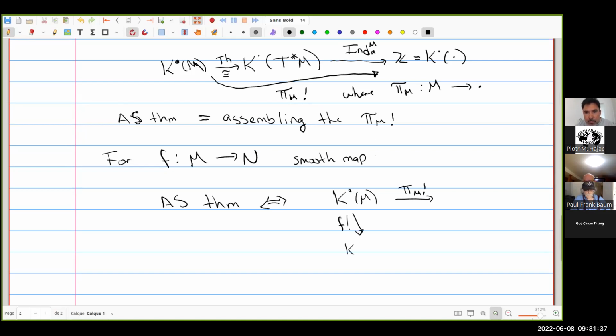So for a smooth map, I will put 'good enough', because the maps for which one can define this kind of strict maps, which I will explain. In fact, this is again motivation, but I will explain using groupoids how to define these maps.